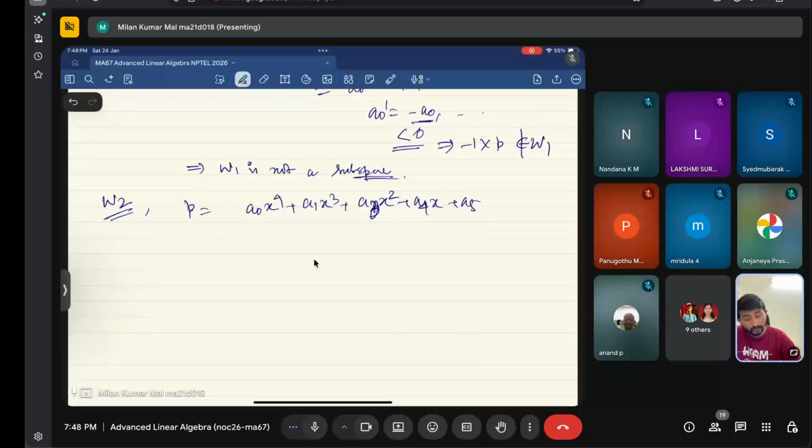Here it will be 2, here it will be 3, and here suppose A2 equals A3. This is what the condition is.